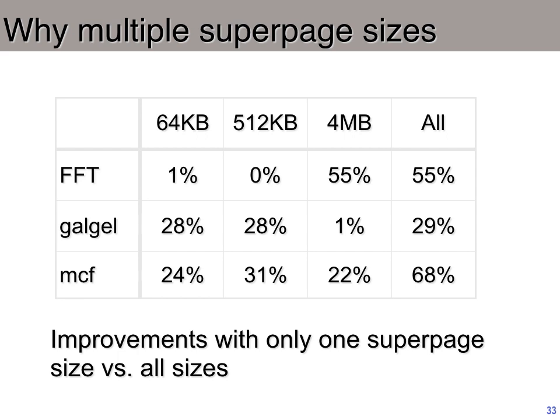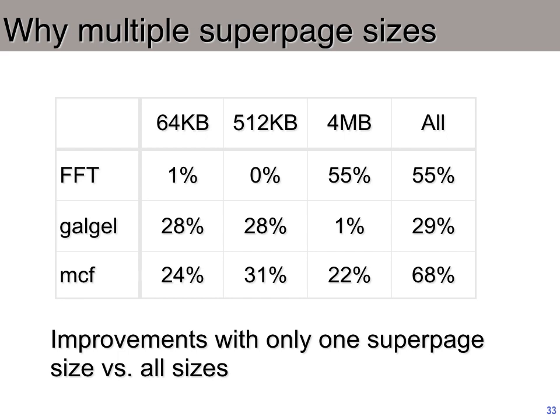the last column is their mechanism, where they use a mix of superpage sizes. So in all cases, they do at least as well as the best among the single superpage sizes. But in some cases, like the MCF benchmark, they get much better performance improvement than any single superpage size.